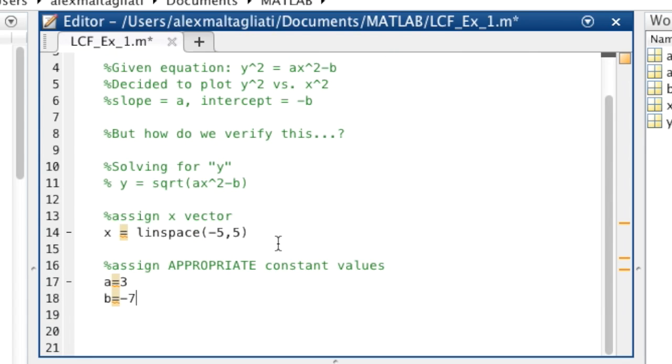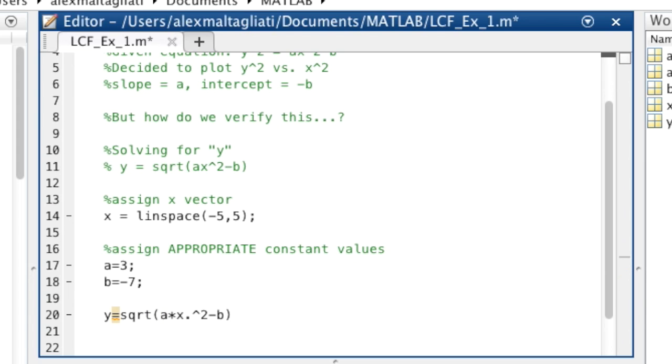And also it'd be a good idea to suppress these. Okay, and now we can actually type in what we solve for y. So y equals square root of a times x squared minus b.